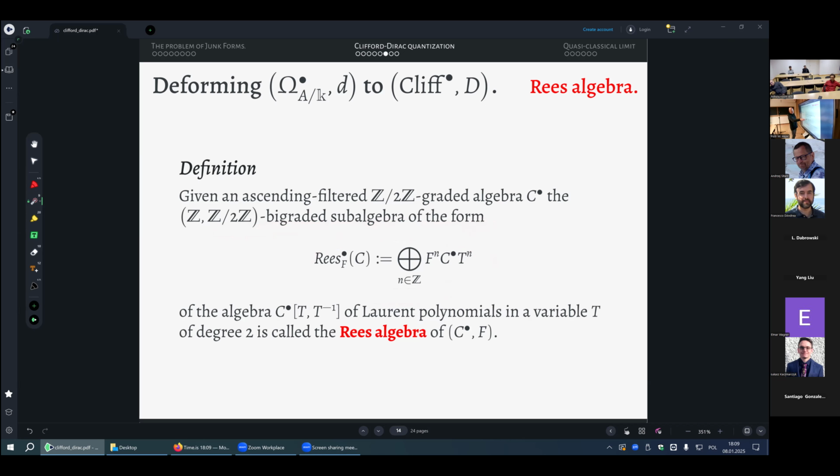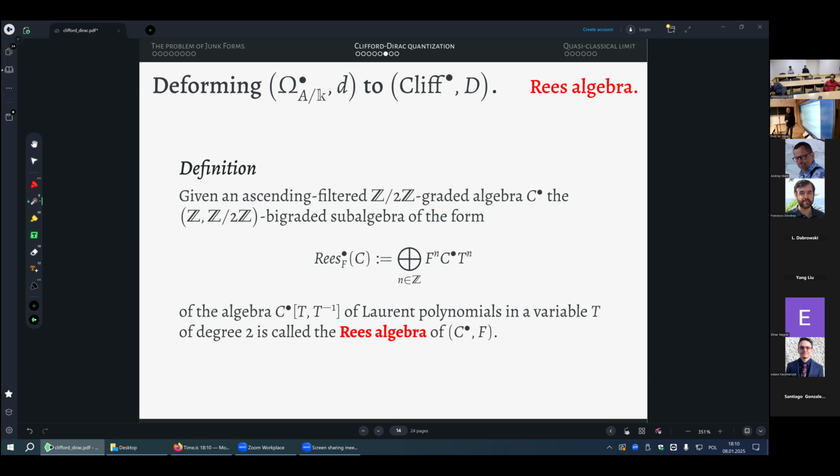So we have a direct sum of all filtrations of C multiplied by the power of an indeterminate t of degree 2.